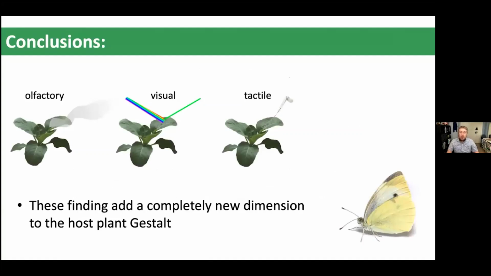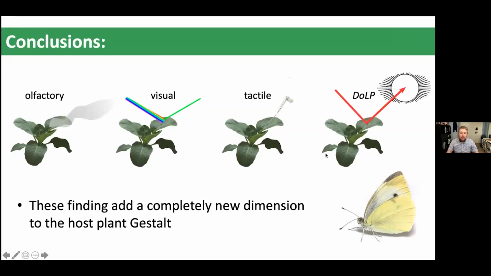These results support the hypothesis of Professor Elmwood Kelber, showing that polarized light can be used as a host plant cue to help distinguish between matte and shiny plants. Previously, olfactory, visual, and tactile host plant cues were known, but with these findings, DOP of plant reflections joins these other cues as an important new dimension of the host plant gestalt.